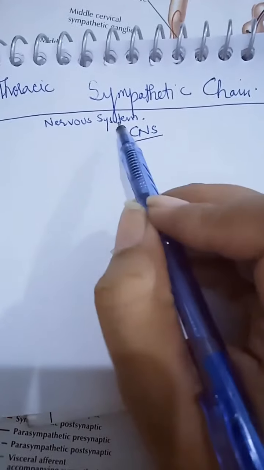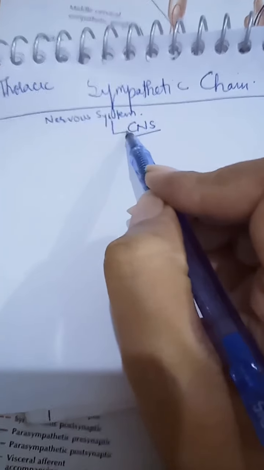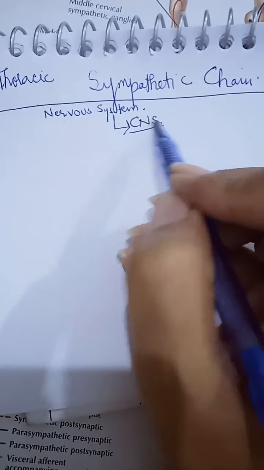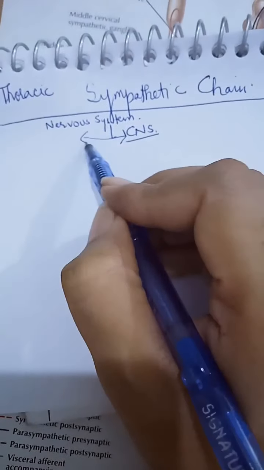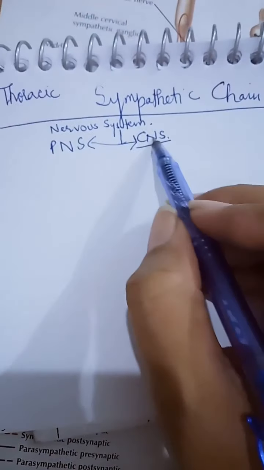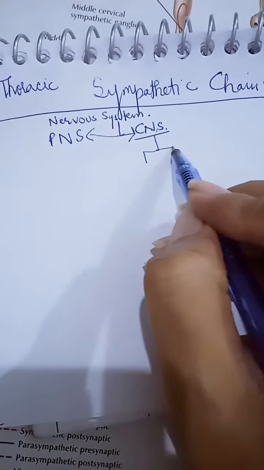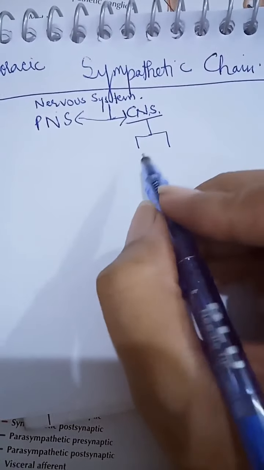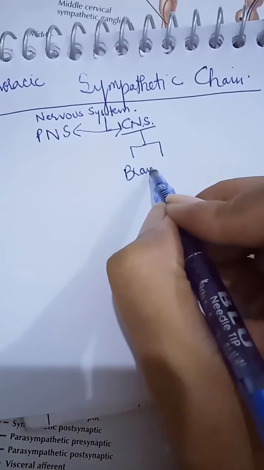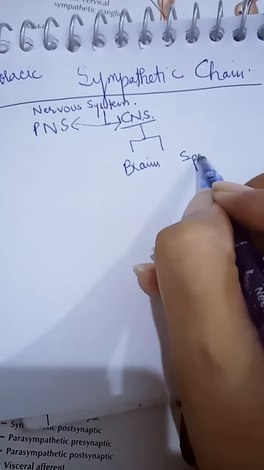So we divide this nervous system into two parts. We say that there is a central nervous system, and then a peripheral nervous system. The components of the central nervous system are your brain and the spinal cord.